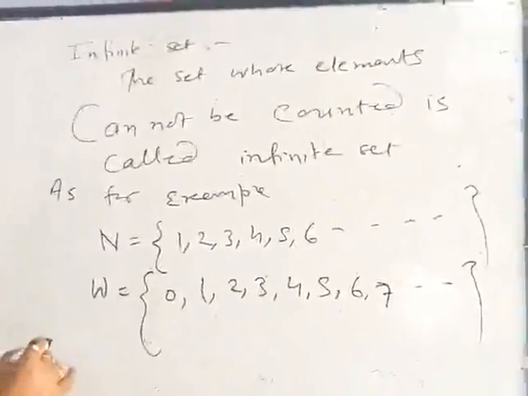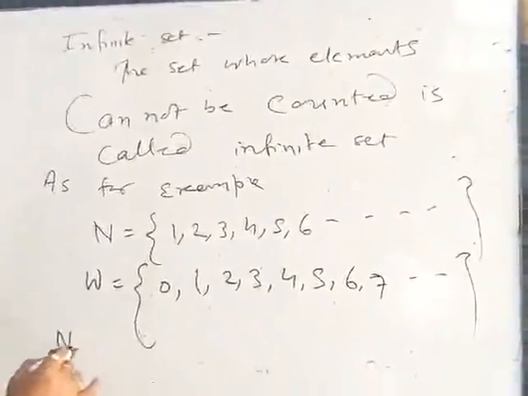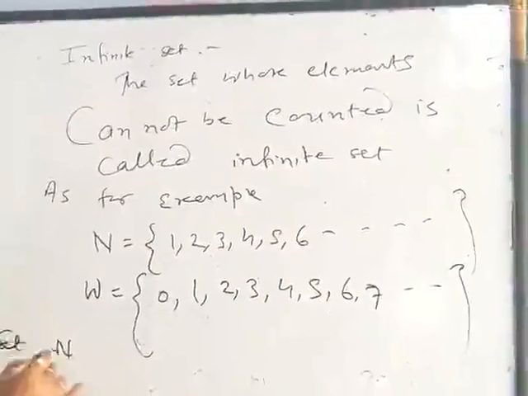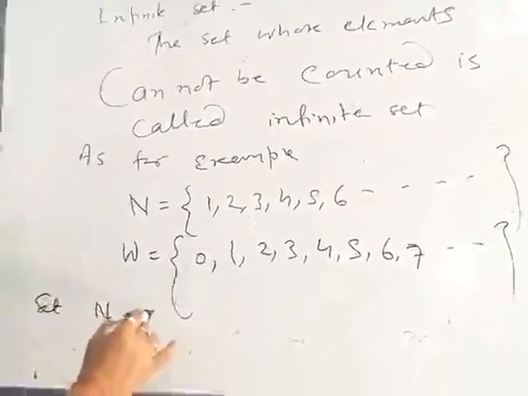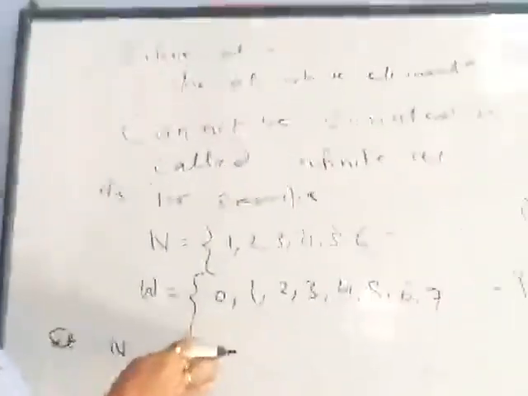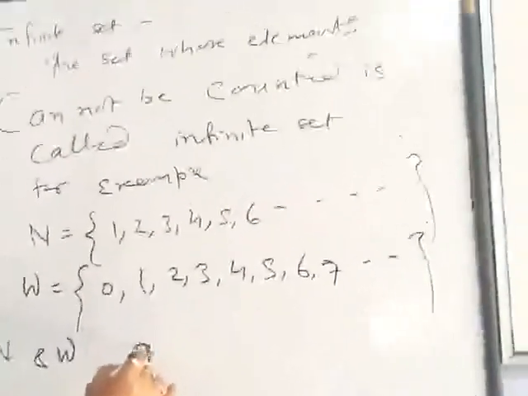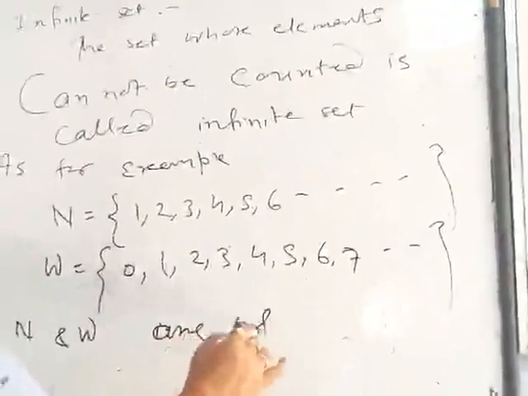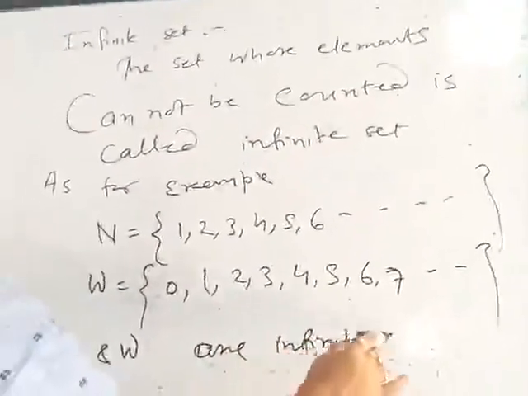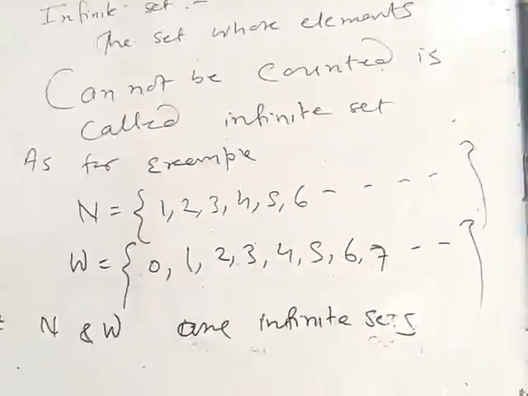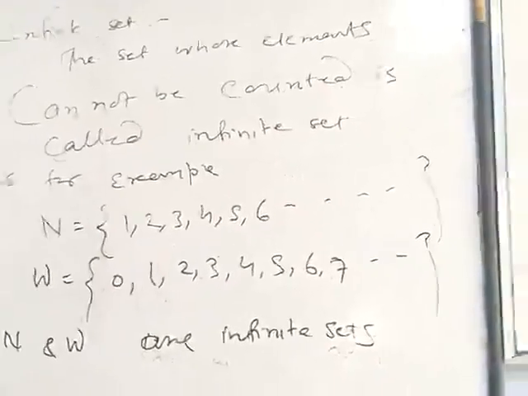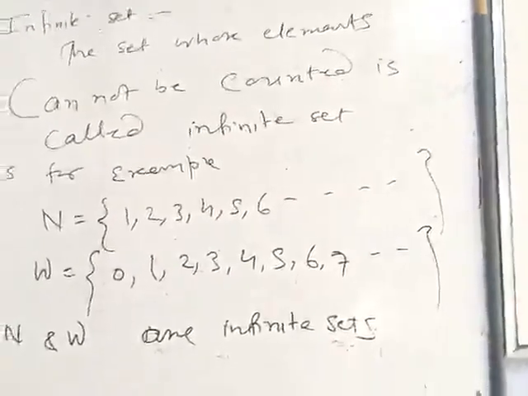So the set N and the set of whole numbers W are infinite sets. So there are mainly two kinds of set: finite set and infinite set.